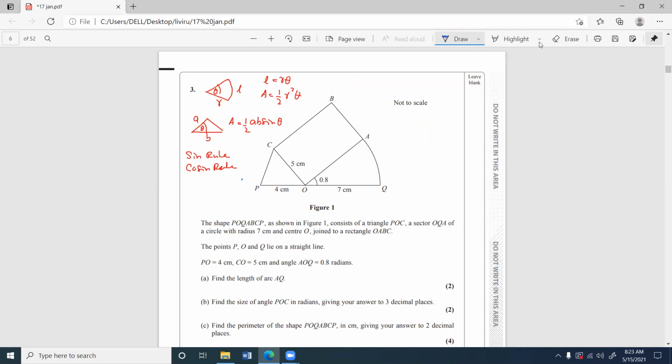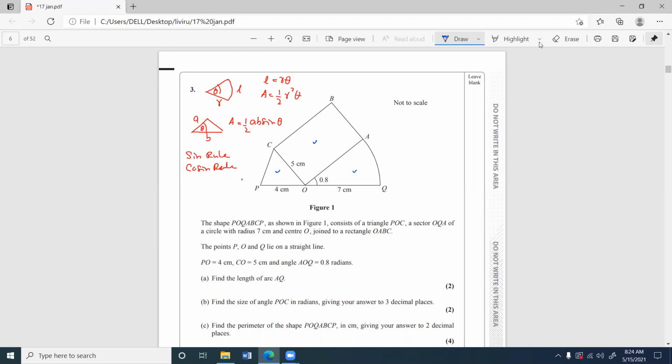Okay, the shape P O Q A B C P. Figure 1 consists of a triangle, a sector, and a rectangle.